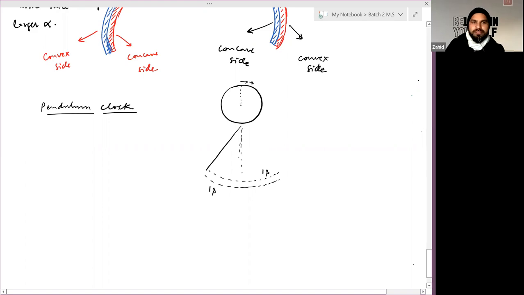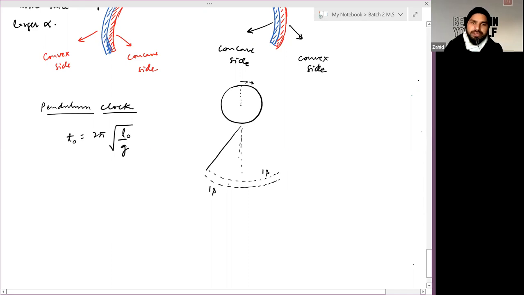So for this pendulum or simple pendulum, we may define its time period T equals 2 pi root under L by g. Initially, at some temperature T naught, time period will be T naught, and length of this particular pendulum is L naught.